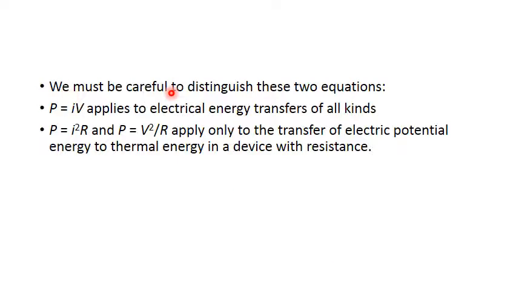We must be careful to distinguish between the two equations. P equals I multiplied by V applies to electrical energy transfer of all kinds. But P equals I squared R or V squared over R apply only for the transfer of electrical potential energy to thermal energy in a device with resistance. Alright? Even if the circuit is just one resistor, this value is the same as this value.